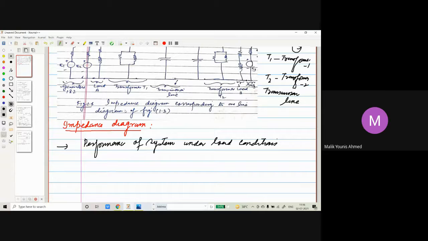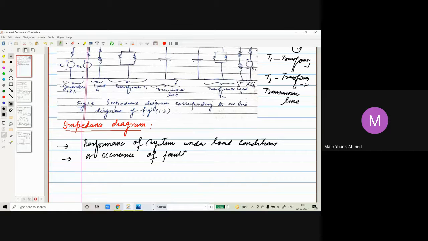if we have to calculate this, that under load conditions or upon the occurrence of fault, whenever the fault will occur in a power system, then we need to use the single line diagram, and that will be drawn single phase equivalent.